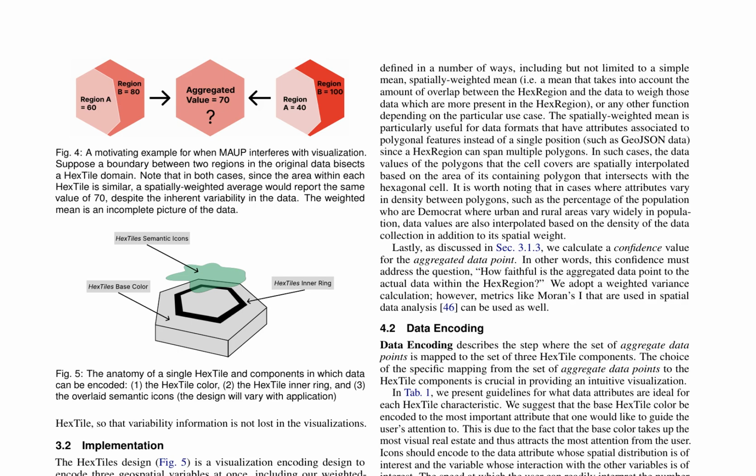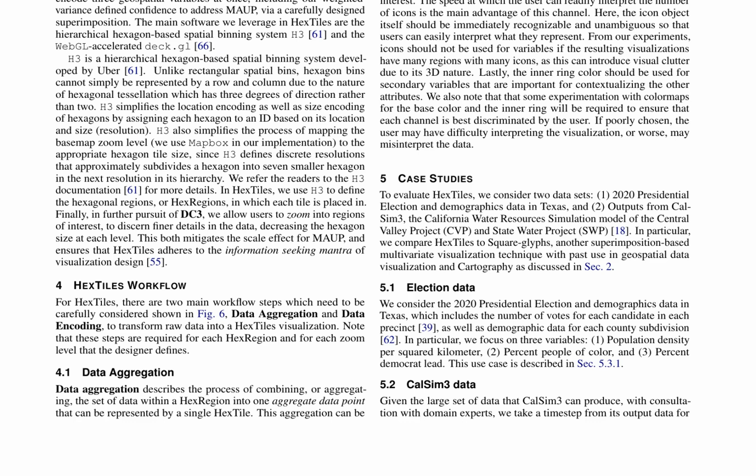The paper describes the implementation of HexTiles, which leverages the hierarchical hexagon-based spatial binning system H3 and the WebGL accelerated deck.gl. The workflow of HexTiles involves 2 main steps: data aggregation and data encoding. Data aggregation combines the set of data within a hex region into one aggregate data point, and data encoding maps the set of aggregate data points to the set of 3 HexTile components.